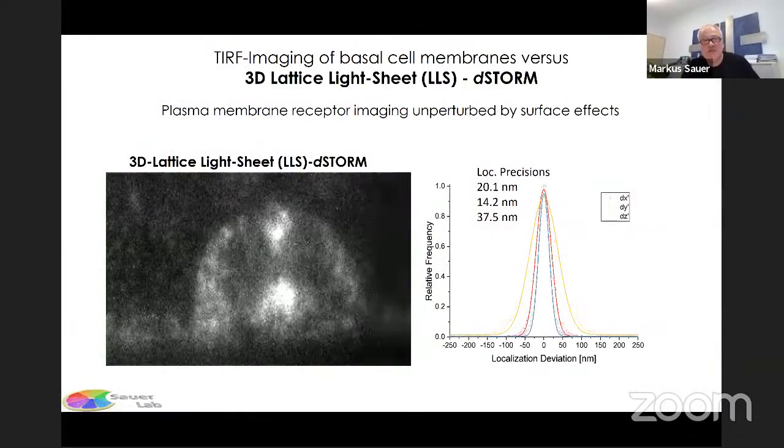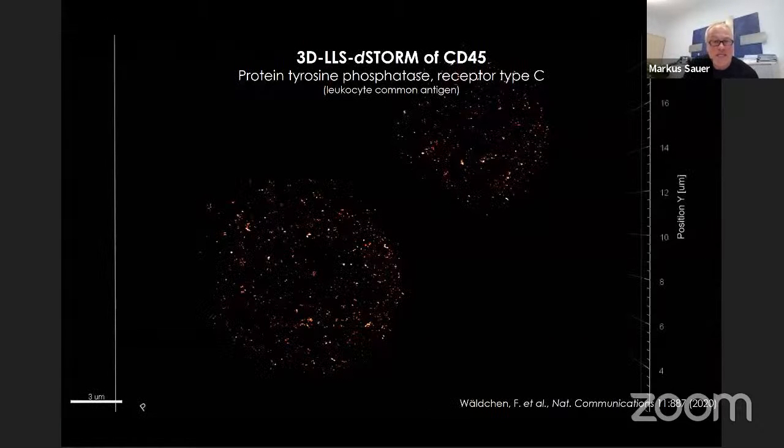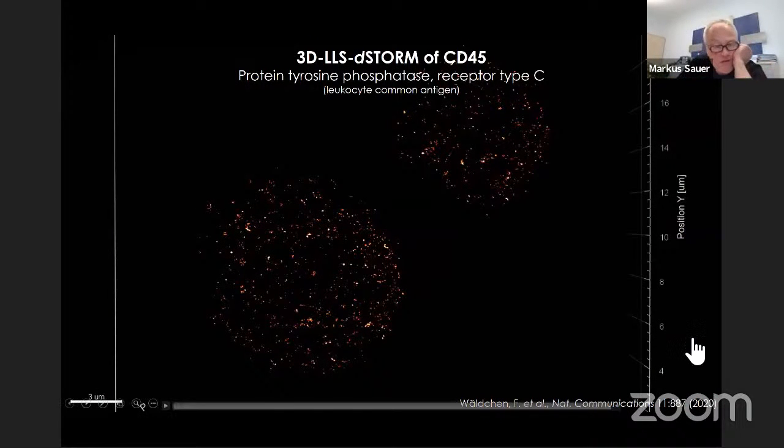However, you can also use lattice light sheet to do 3D dSTORM imaging. I don't know why the videos are not running now. They did run before, but they don't now.